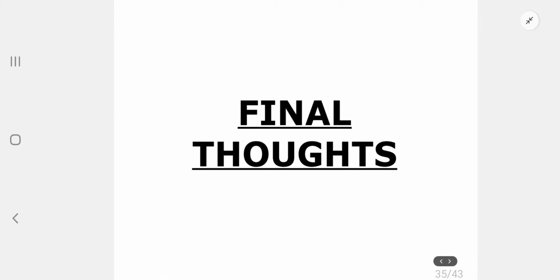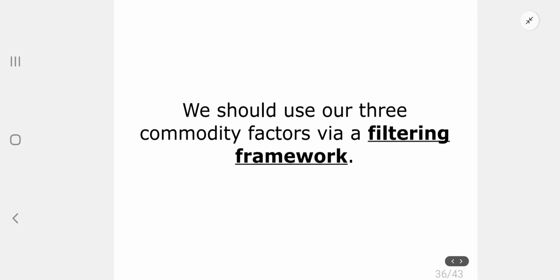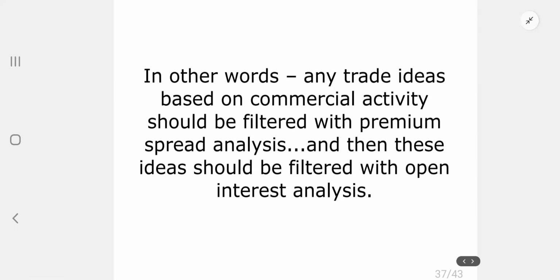Final thoughts. We should use our three commodity factors via a filtering framework. In other words, any trade ideas based on commercial activity should be filtered with premium spread analysis, and then these ideas should be filtered with open interest analysis.